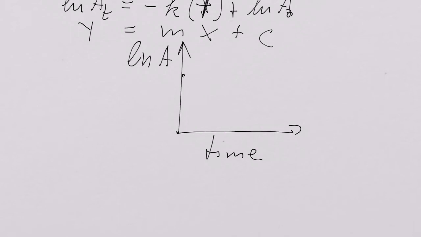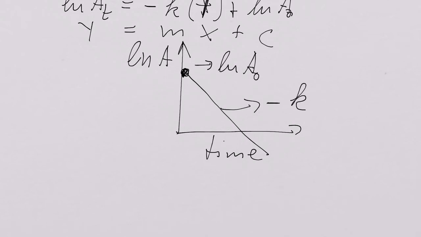This line goes from here. It can go into the negative range, so don't worry about it. This point here, obviously, is our starting point, ln A0, and the gradient is minus k. Yeah? Does that make sense?